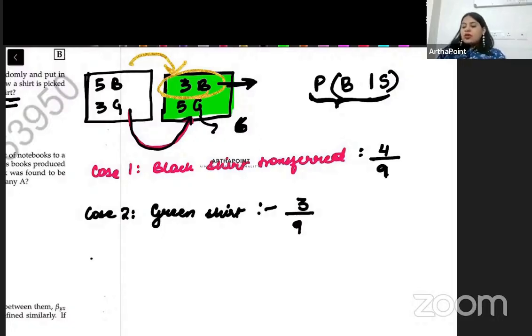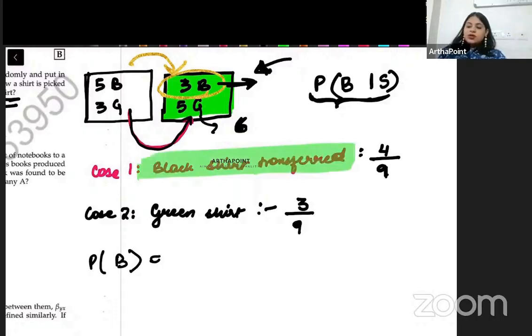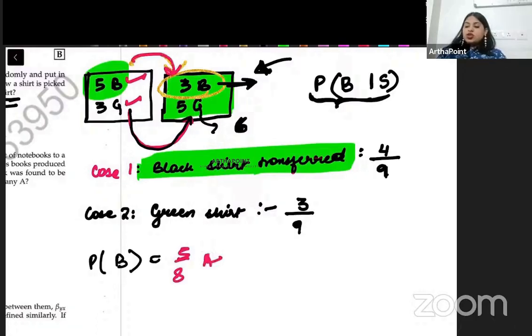Okay. So how do I find the probability of picking up a black shirt? A black shirt can be picked from this second box. When I transfer a black shirt, transferring a black shirt means transferring any of these 5 shirts, so 5 divided by 8. And if I would have transferred a black shirt, then the probability of choosing a black shirt would have been 4 by 9.